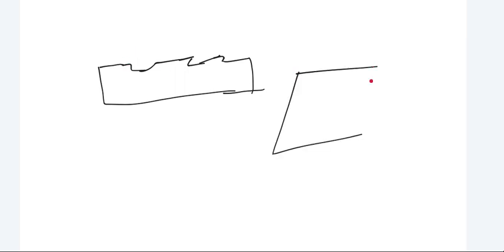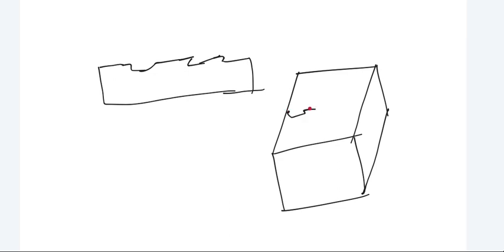So if a bed is like this, the skip mark is a marking over the bed like this. So if you take a cross section like this, it will be visible on the top surface.